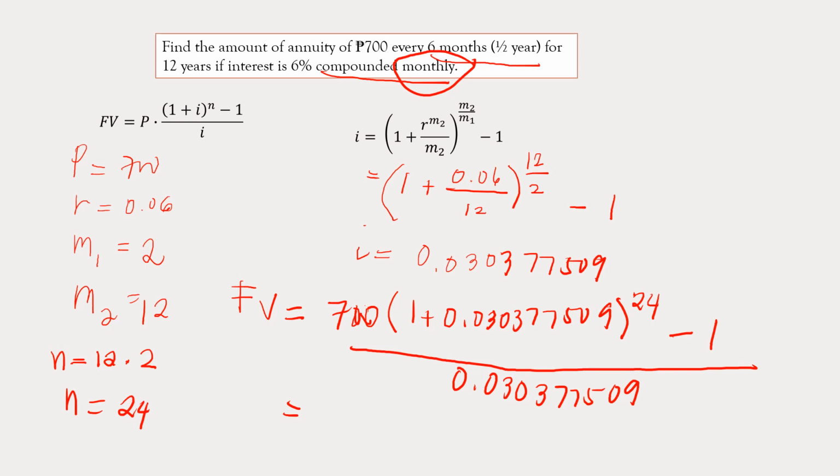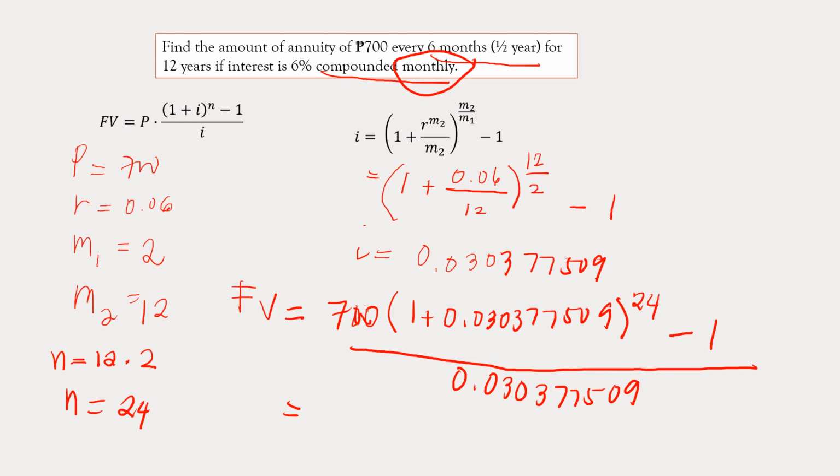Gagawin natin yung nasa loob, 1 plus 0.030377509. Ang sagot nun ay 1.030377509 raised to 24, minus 1.